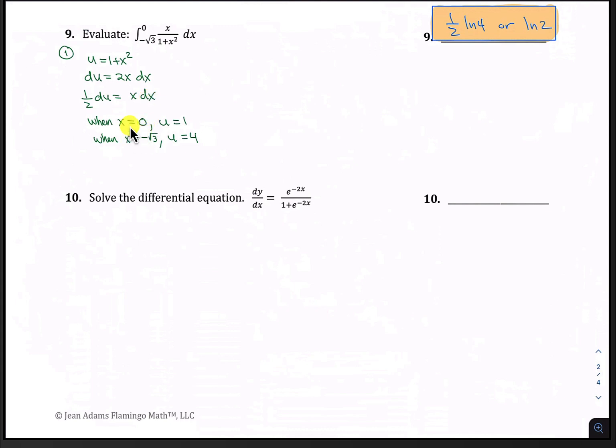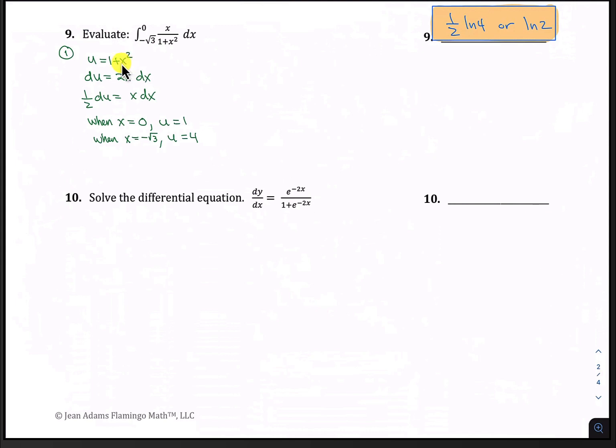I am going to change my limits of integration here so that I don't have to switch back to x. I notice that when x is 0, the top limit, u will be 1 plus 0 squared, which is 1. Likewise, if x is negative square root of 3, then u would be 1 plus negative square root of 3 squared.